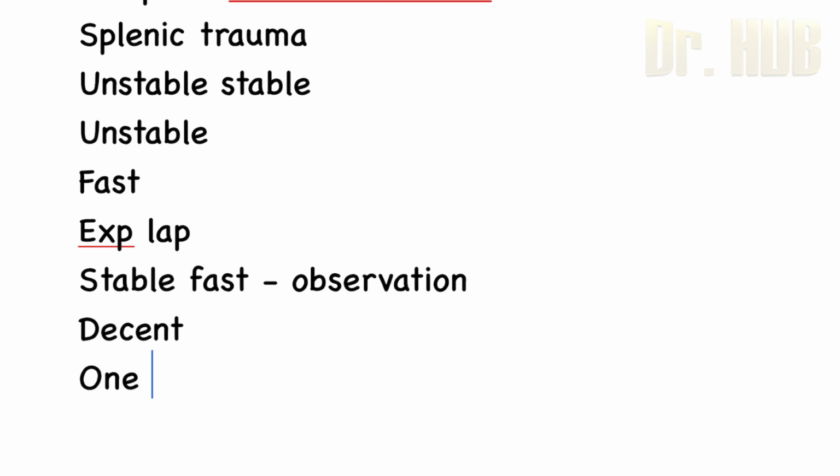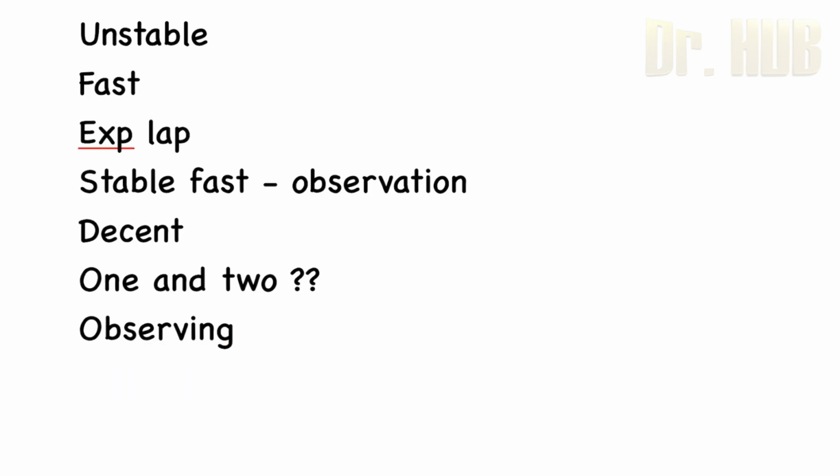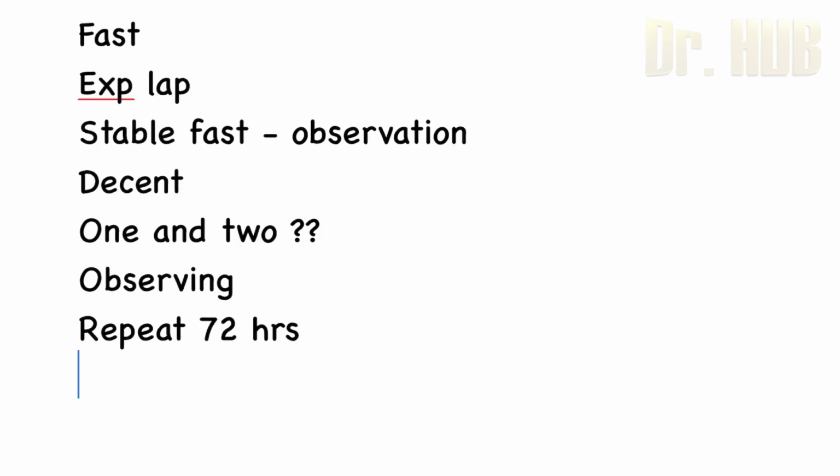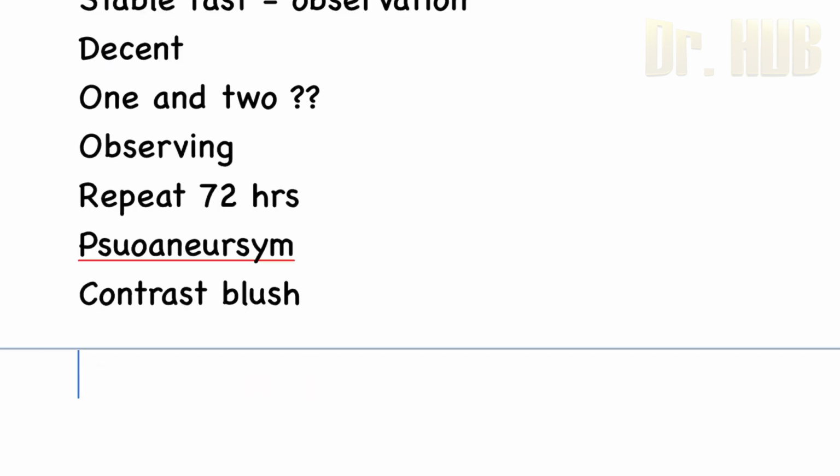In case of grade 1 and 2, you observe and repeat the scan after 72 hours. Along with grade 3, the next alternative route is to look for a pseudoaneurysm, a contrast blush and a moderate bleed.